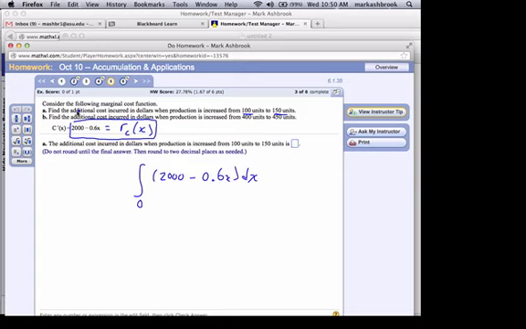Okay, so if we want the additional cost when we increase from 100 units to 150 units, you take C of 150 minus C. Okay, so you built the function. So that's fine. If we use x here, though, we don't want to use x here.